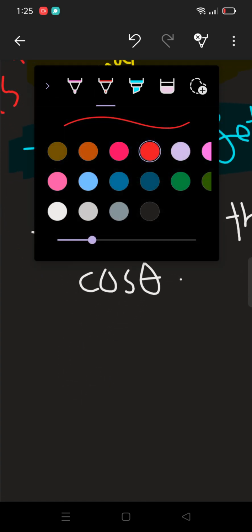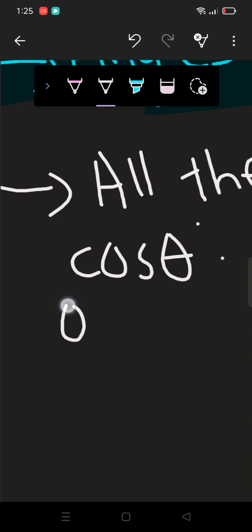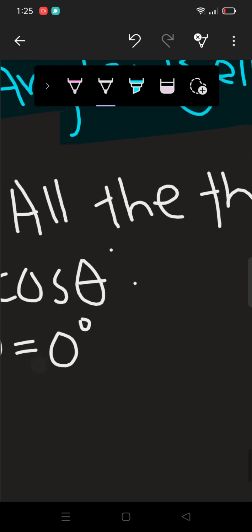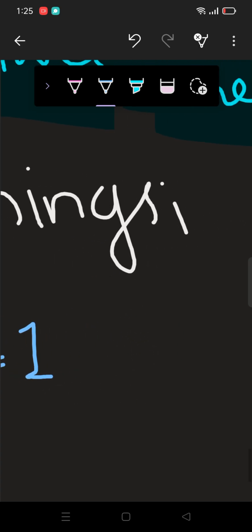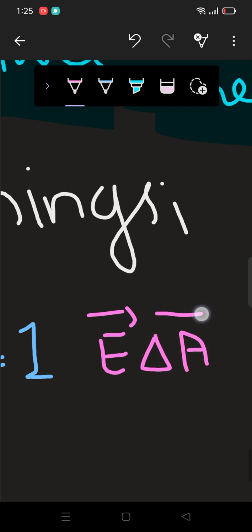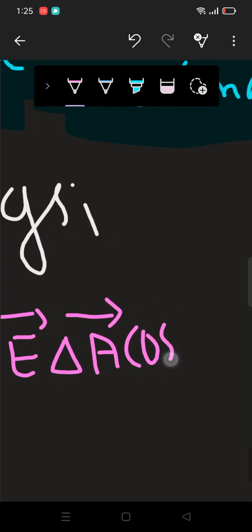Alright, now when the angle is zero, we know that cos 0 degree is equal to 1. This means electric field intensity, small element of vector area, and cos 0, which we know is equal to 1.